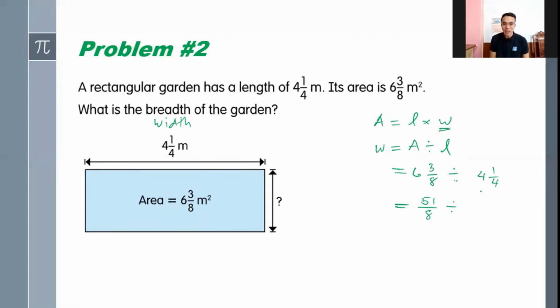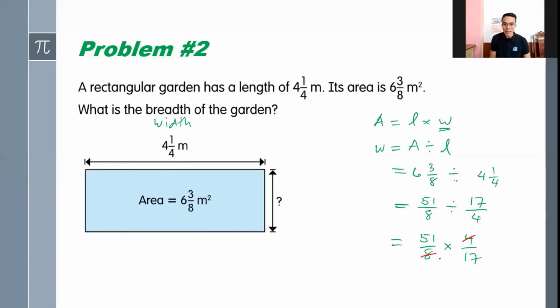Divided by the improper fraction for 4 1/4 is 4 times 4, 16, plus 1, 17 over 4. And we have here 51 over 8 times the reciprocal of 17 over 4, which is 4 over 17. And before we multiply the numerators and the denominators, let's try to cancel out common factors first.